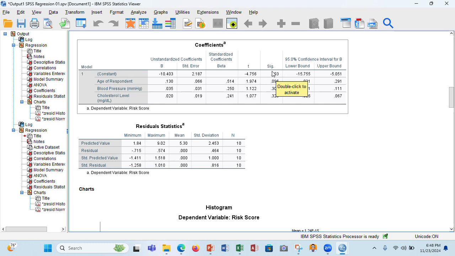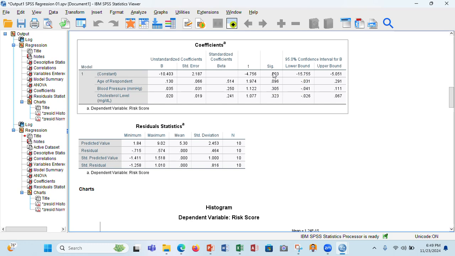When the p-value is below 0.05, we say that it is significant.